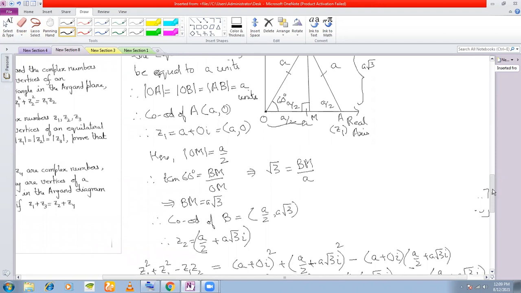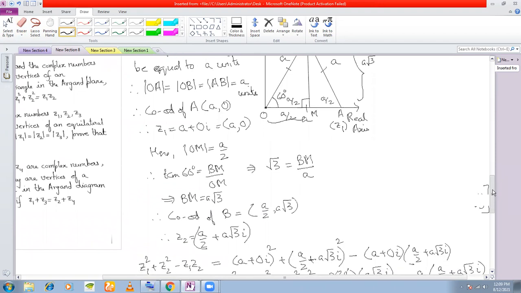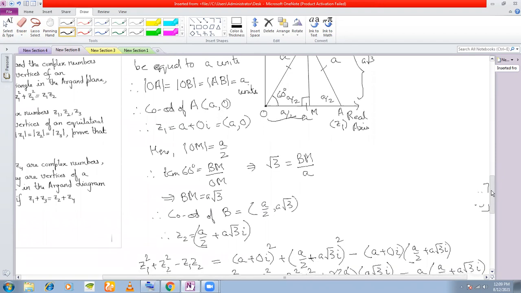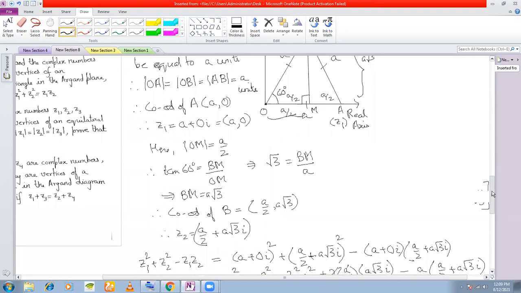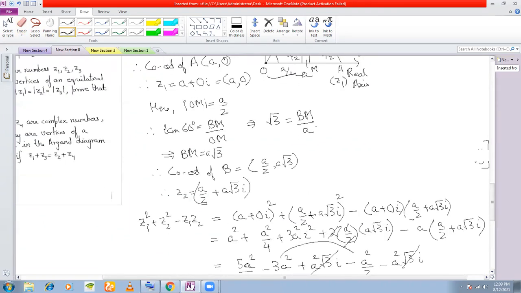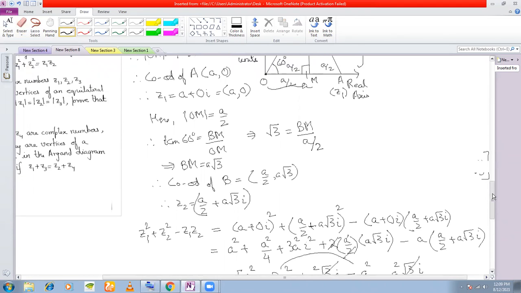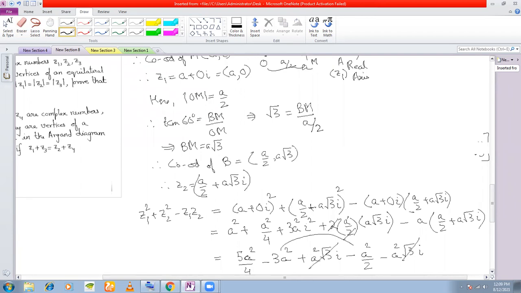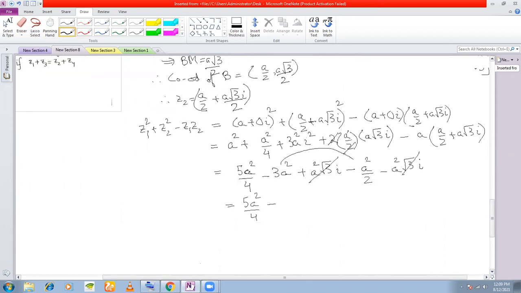Tan 60 is root 3. Oh, this part is a by 2. This should be a by 2 because OM is equal to a by 2. Right? So this is a root 3 by 2. This is a root 3 by 2. All this is divided by 2. So here also you get this divided by 2.